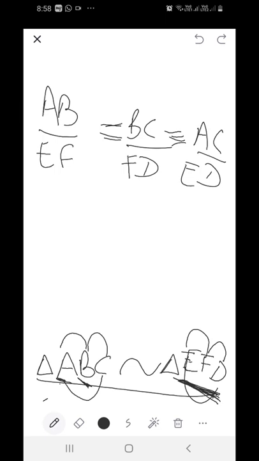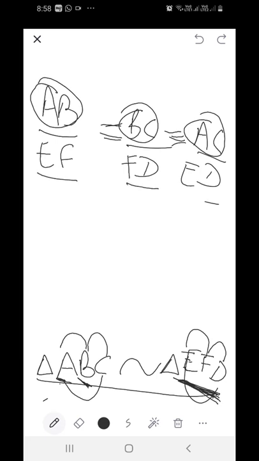It is not that in one you write AB first, and here you do the reverse, writing FD first and BC afterwards. If you write the sides of triangle ABC as numerator, it should be only the sides of triangle ABC in the numerator. And the sides of triangle EFD I have written in the denominator. So when you show them similar, you have to write it as an axiom.